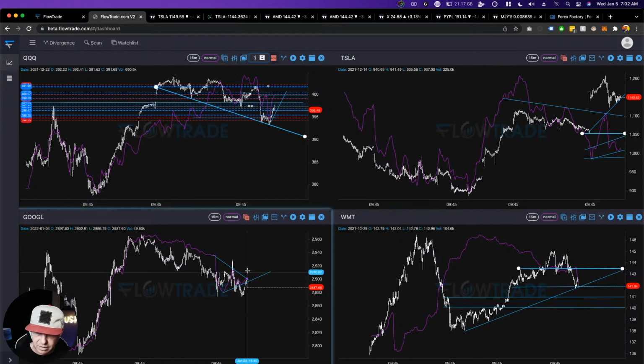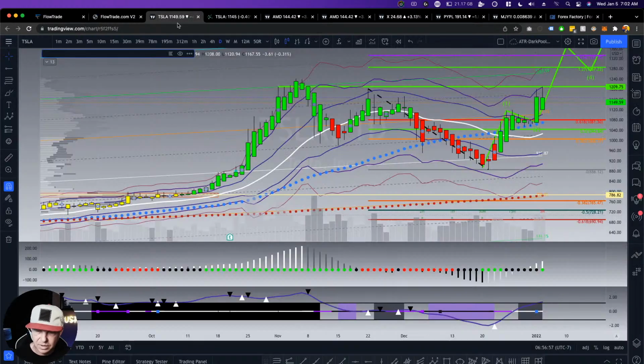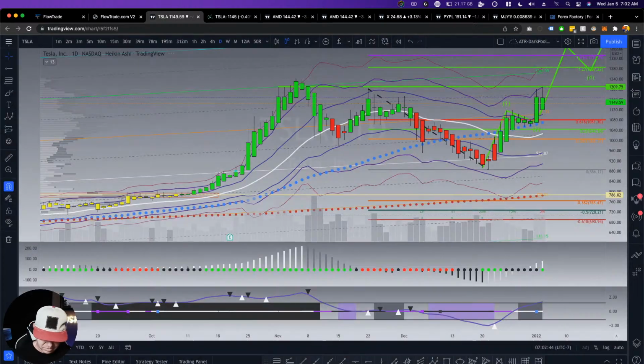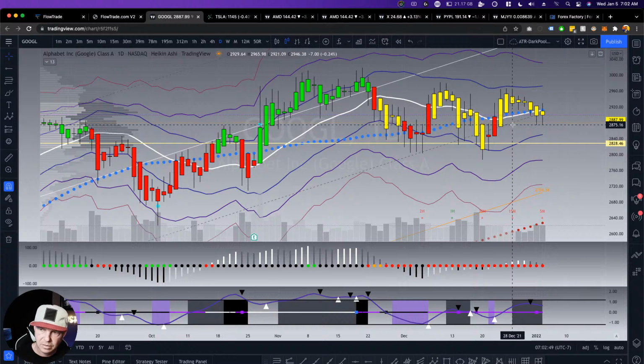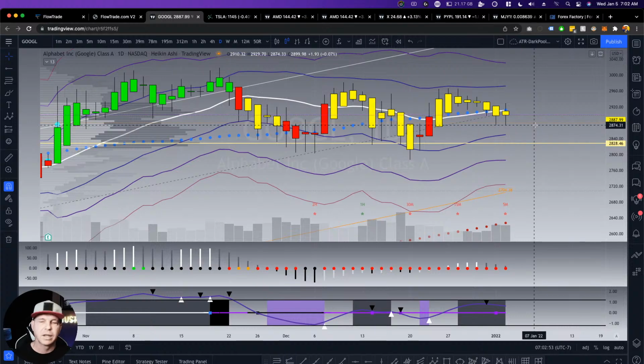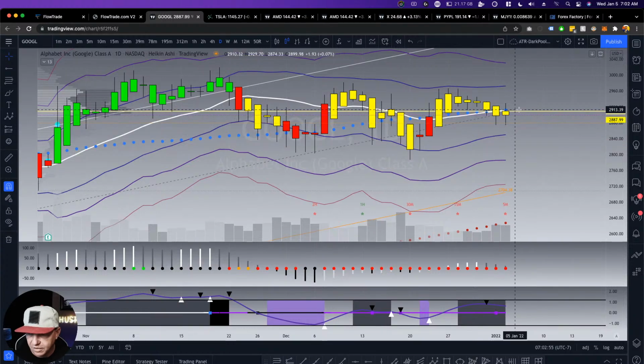If the algo breaks out of that wedge, I think we get a nice rippy move on Google, okay? That would mean that the Qs are ripping. Google tweezer bottomed here. So I'm in the Google 3000s. We have a tweezer bottom here, right at point of control, right at the 50 SMA. The Google 3000s are beast numbers on that.